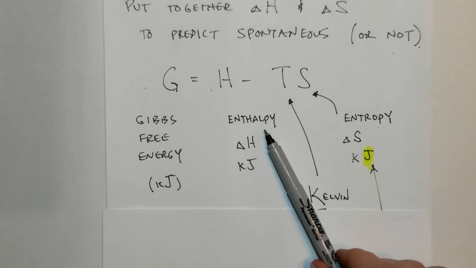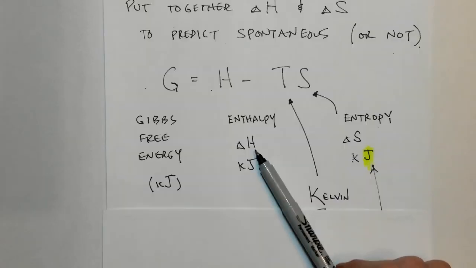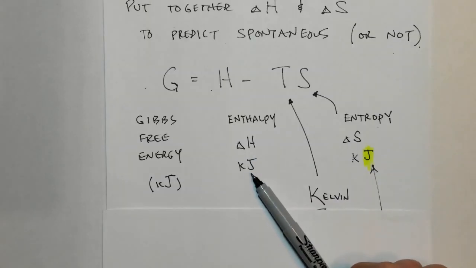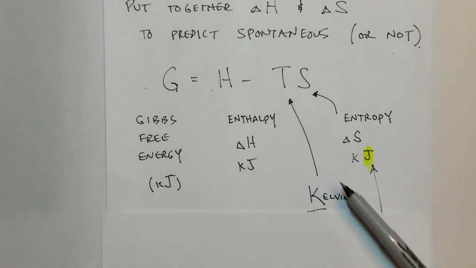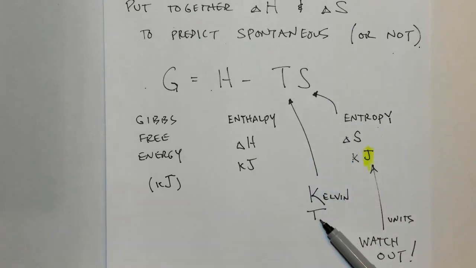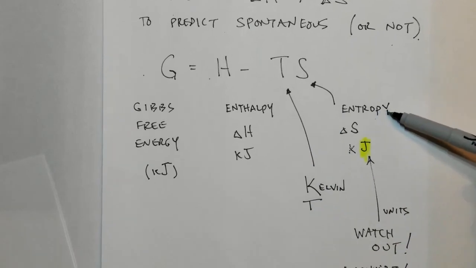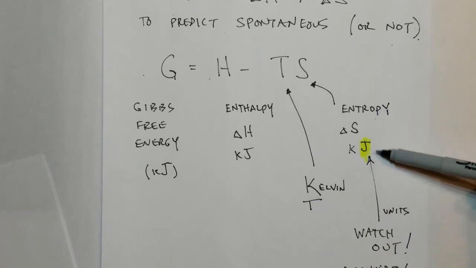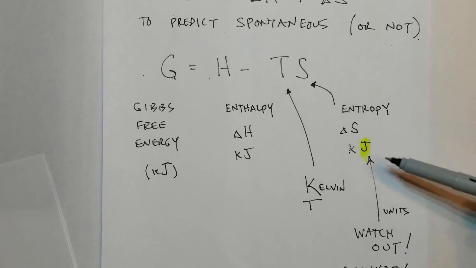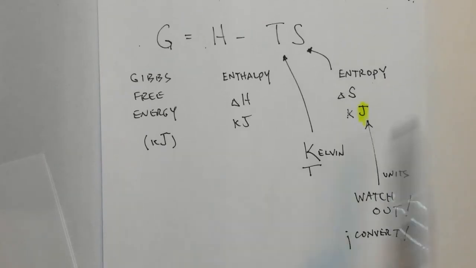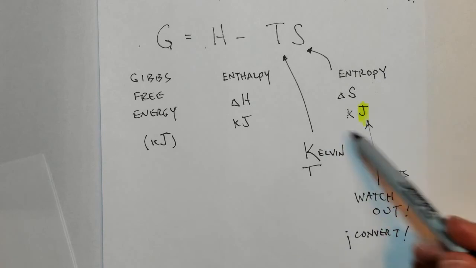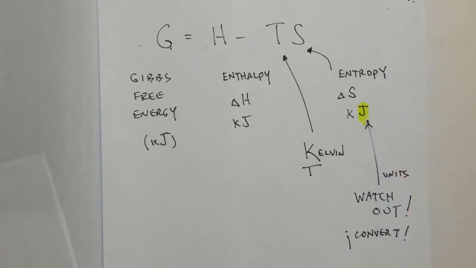H stands for enthalpy, and it's the amount of heat energy at constant pressure, measured in kilojoules. T, once again, is the absolute temperature in Kelvin. And then S, of course, is entropy, which is measured in joules most of the time. So watch out, because these units have to be converted to kilojoules almost all the time.